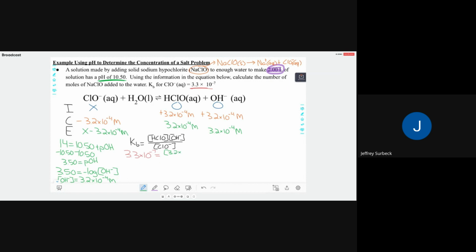But we have 3.2 times 10 to the negative fourth, big capital M, times that same value for our OH minus, which is 3.2 times 10 to the negative fourth, big capital M. All divided by X minus 3.2 times 10 to the negative fourth, again, big capital M.